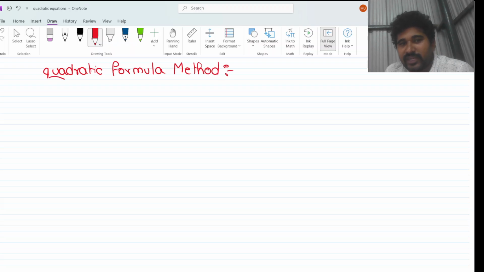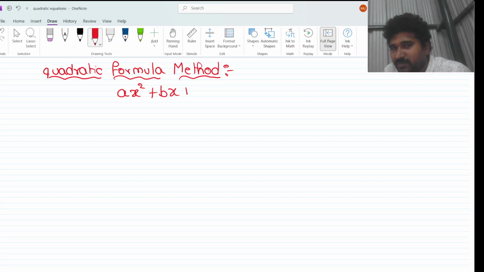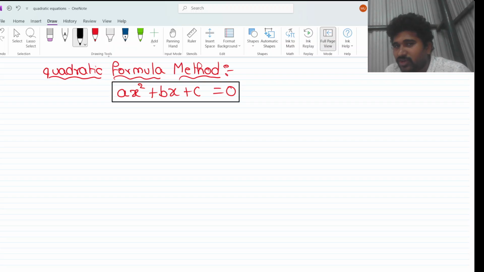Very important and easiest method, we will use it most of the time. How will the general quadratic equation look? Ax square plus bx plus c equal to 0. This is what your quadratic equation will look like, right?